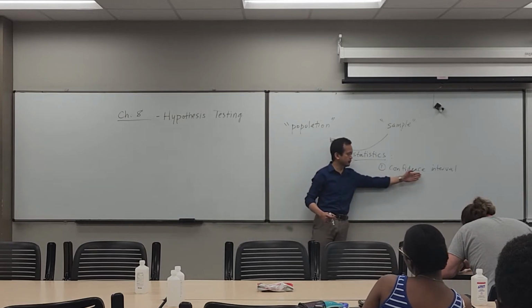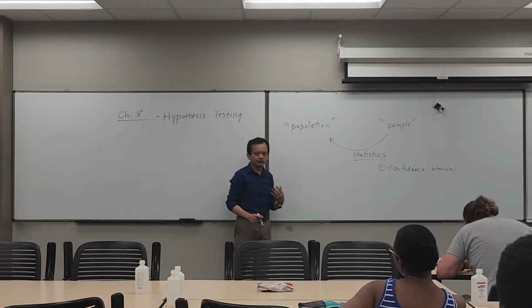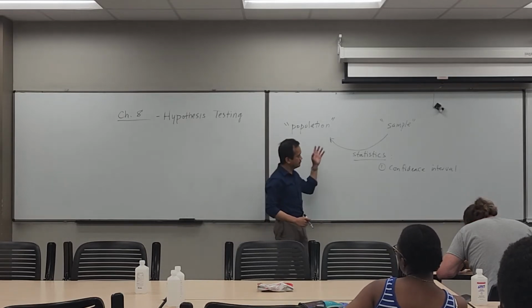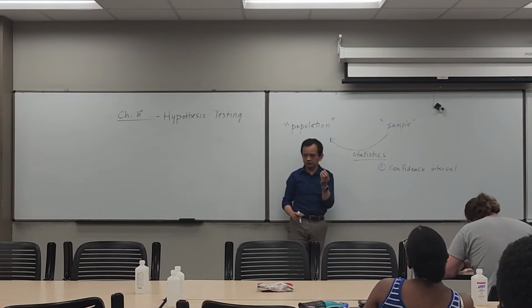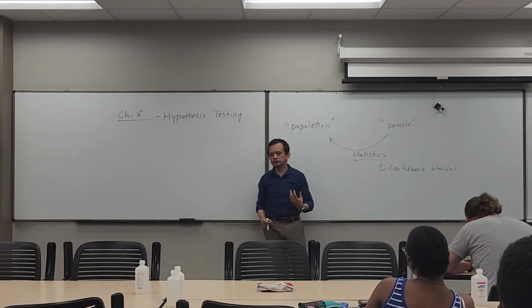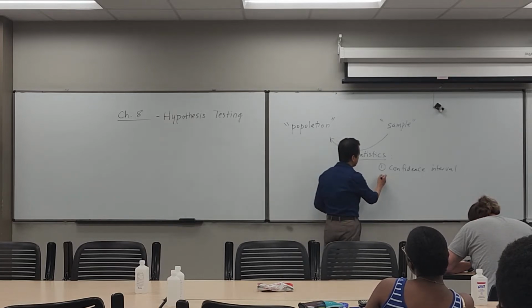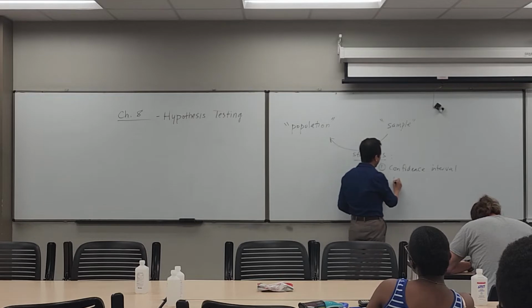And the conclusion was in the form of a confidence interval. But that was pretty limited, because that type of conclusion is just a single number in the end. So today we'll talk about being able to make a much more generalized conclusion. And that conclusion is called a hypothesis test.